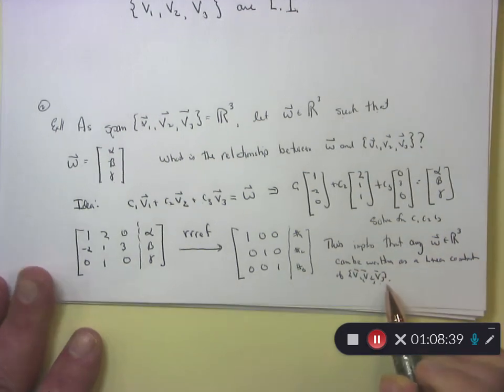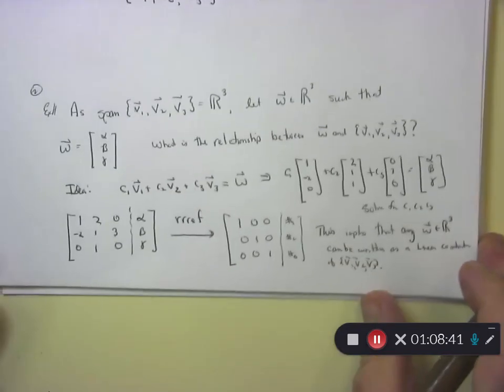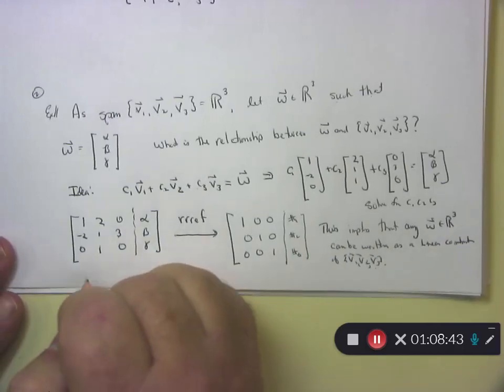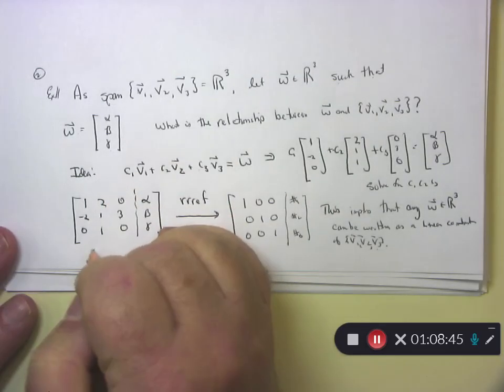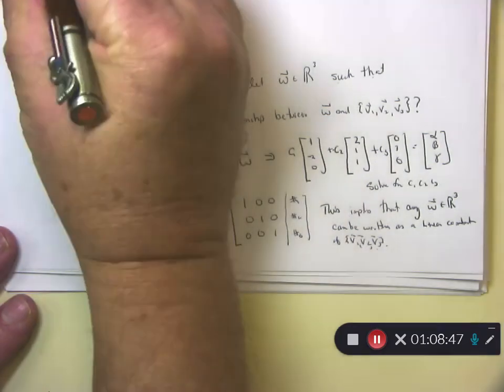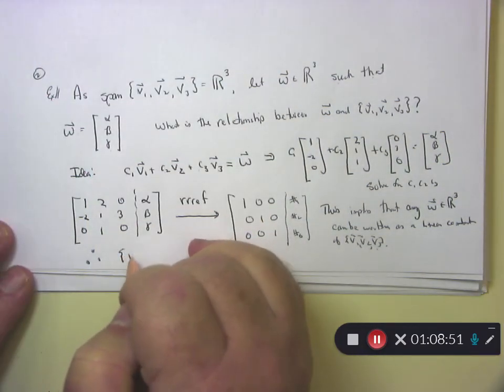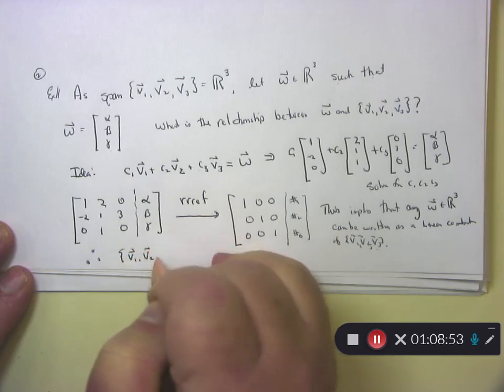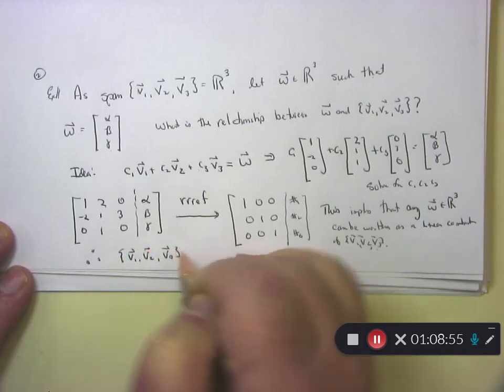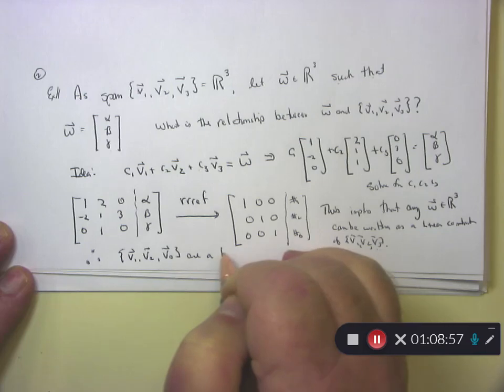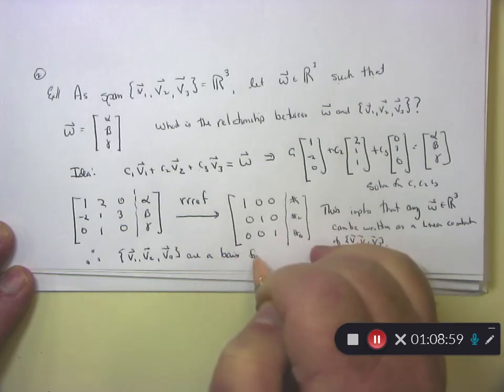And once you've got that right there, therefore, the three dots in a triangular fashion means therefore, between part number 1 and part number 2, the set of vectors V1, V2, and V3 are a basis for R3.